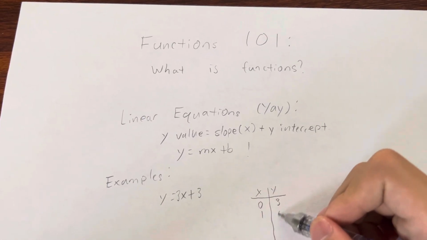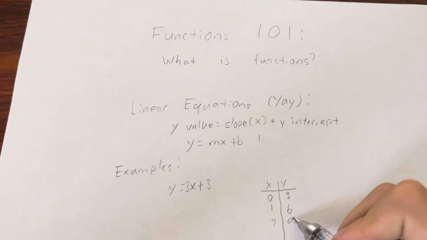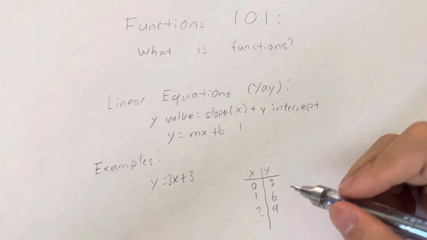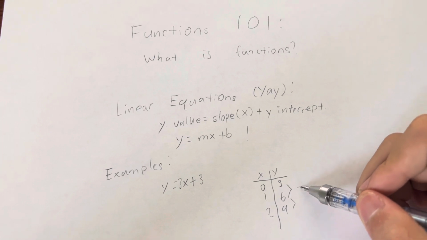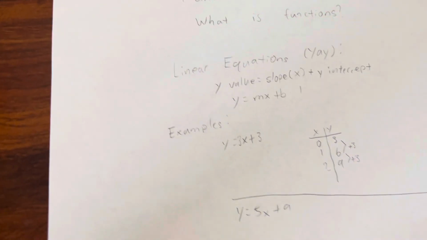So 1 equals 6, and then 2 equals 9, and so on. And you can see from here, a linear equation has constant growth. So this is always growing by 3.